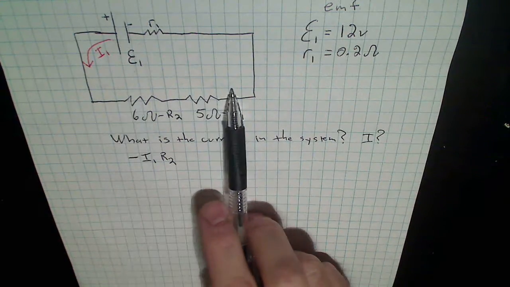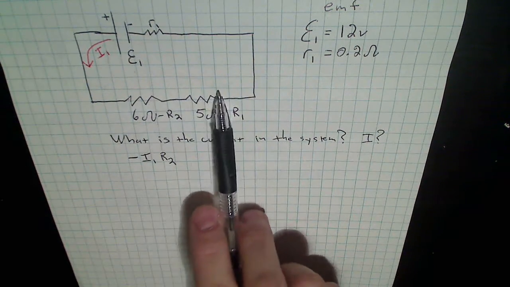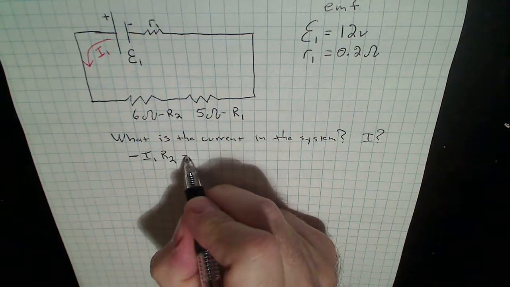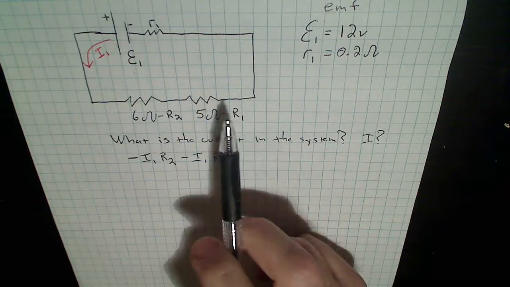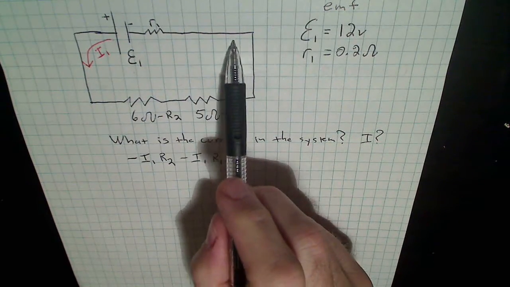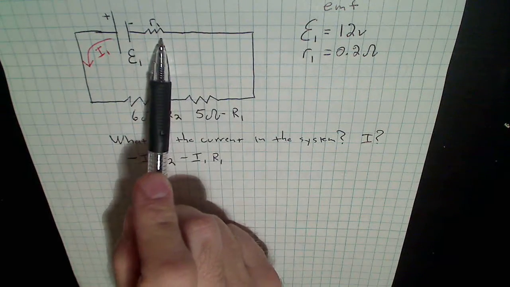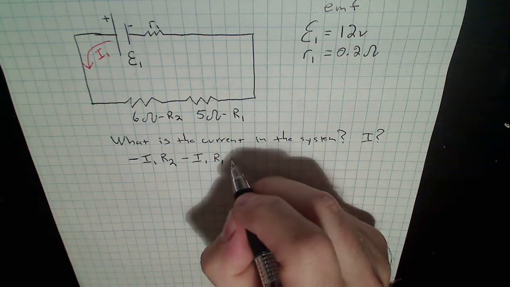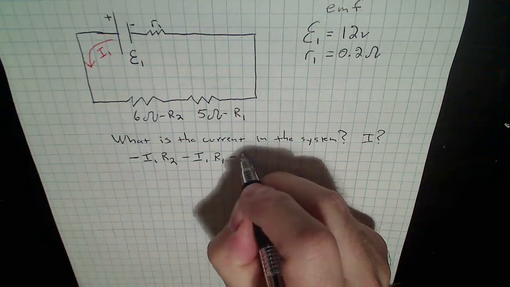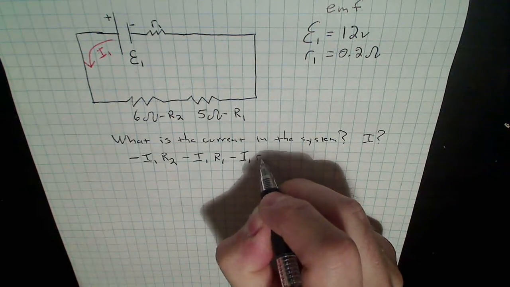Then as we continue, the next thing we hit is another resistor of 5 ohms, and we're still moving in the direction of current. So again, we're minus I1 R1. We move back around, keep going through the circuit, and the next thing we encounter is the internal resistance r1. Again, still moving in the direction of current, so minus I1 r1.